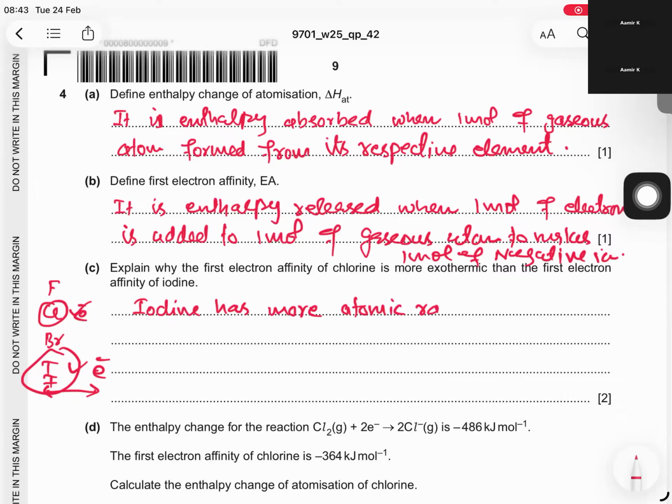The first electron affinity, atomic radius being larger down the group, as compared to chlorine.